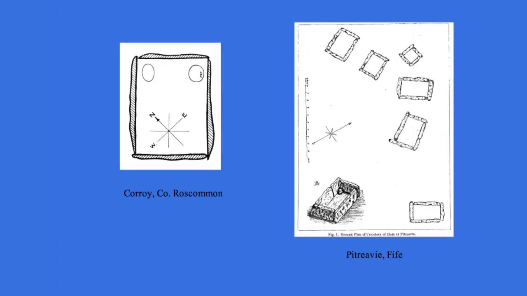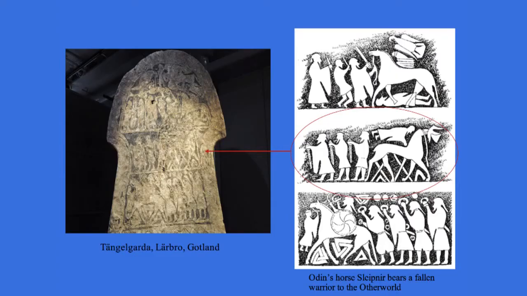And he instances, and I think this is quite fascinating, a scene in one of those very famous Gotland picture stones, in which, as you can see, Odin's eight-legged horse, Sleipnir, is carrying a fallen warrior on his back to Valhalla.